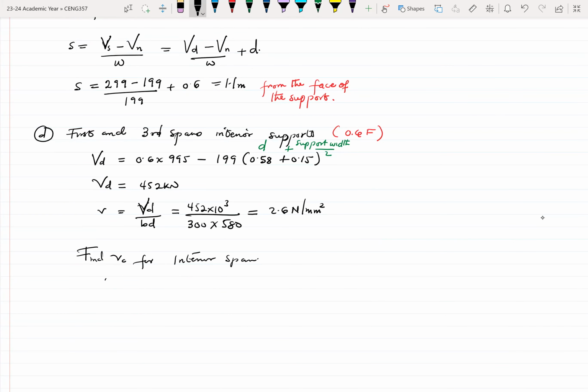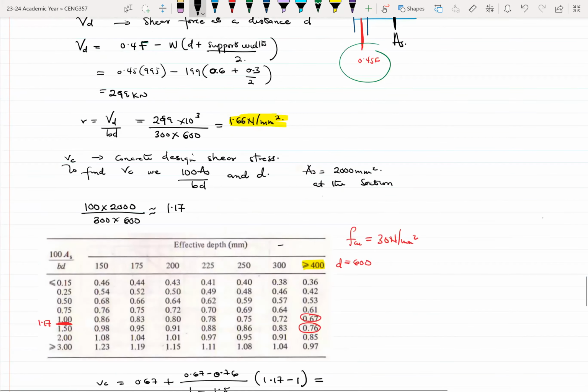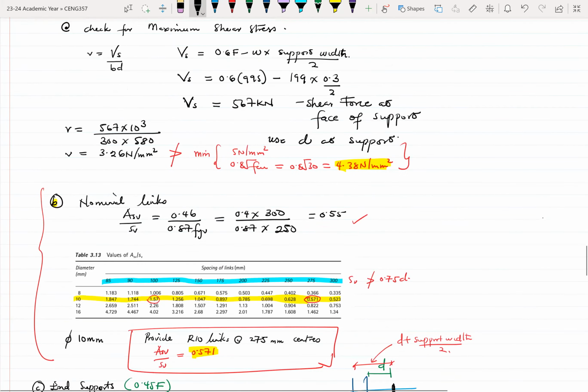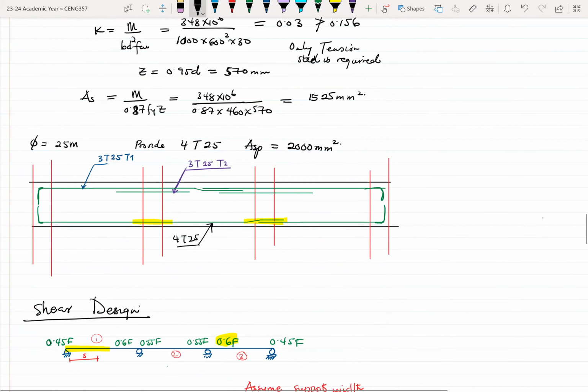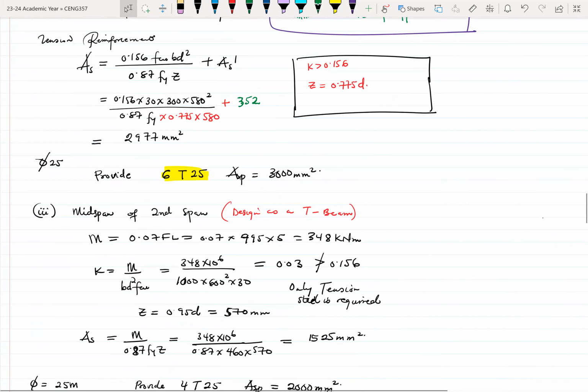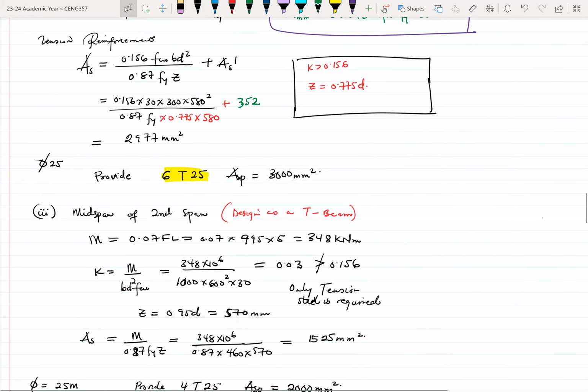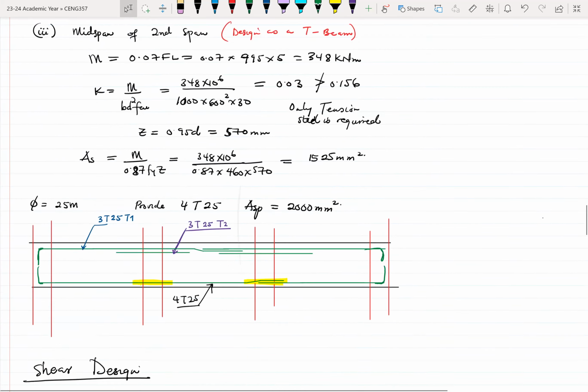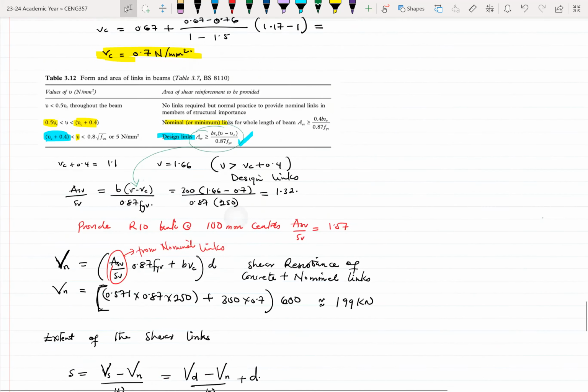So again, we need 100 AS over BD. If I remember, going all the way up there for the interior spans, what do we have? We had 3,000 for the ASP.